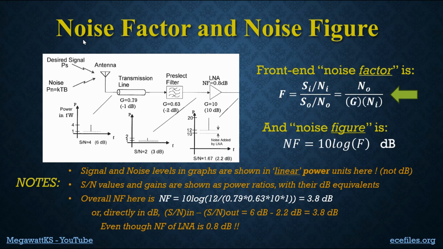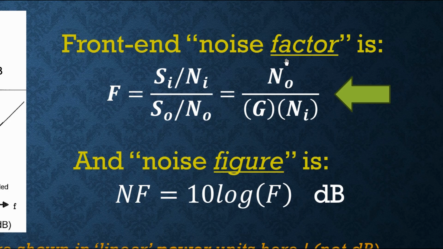First of all, there are a couple of different things. One is called noise factor and one is called noise figure. They're both qualitatively the same thing, but noise figure is traditionally done in dB and noise factor is just not in dB. And here are the equations.